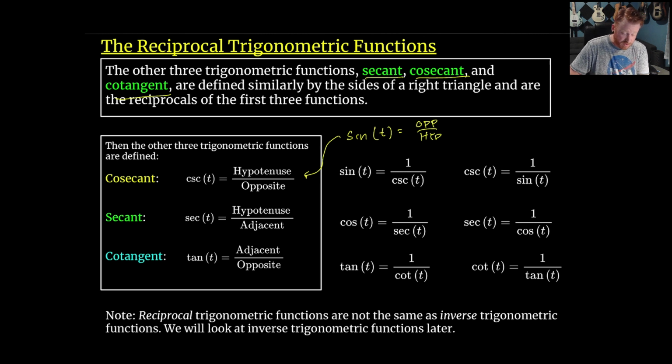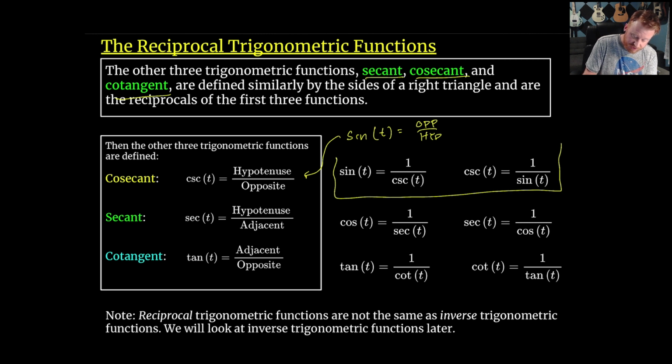So cosecant and sine are reciprocal functions, and you can see that right here: the sine of t is 1 over the cosecant of t, and cosecant of t is equal to 1 over sine of t. So we can use that relationship going forward. We'll be looking at a lot of trig identities in the future, and these can be helpful relationships.